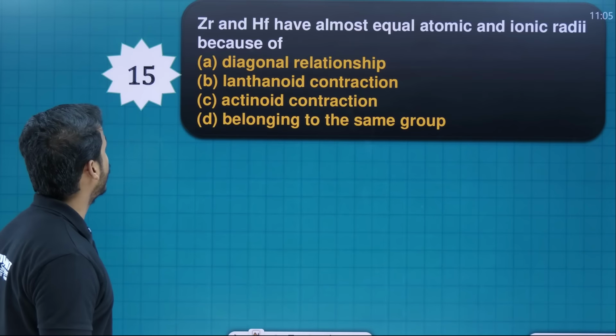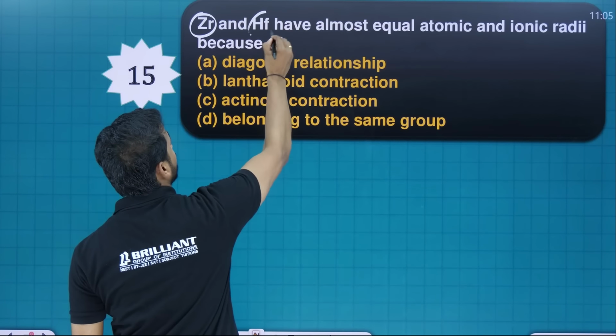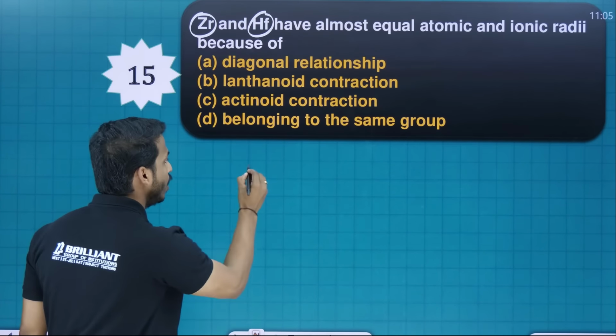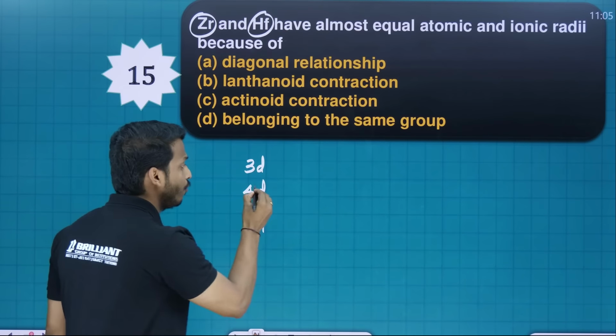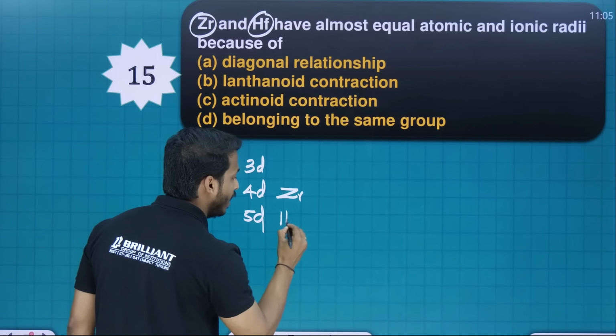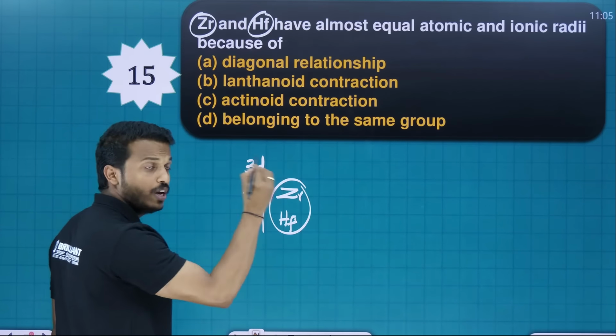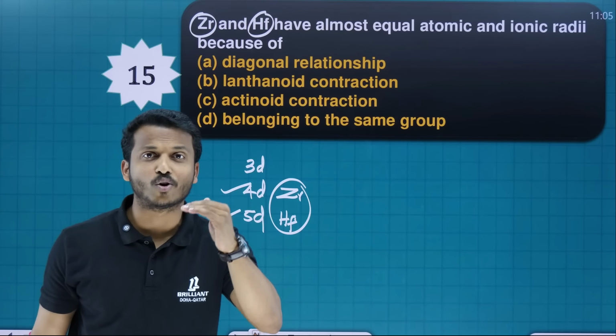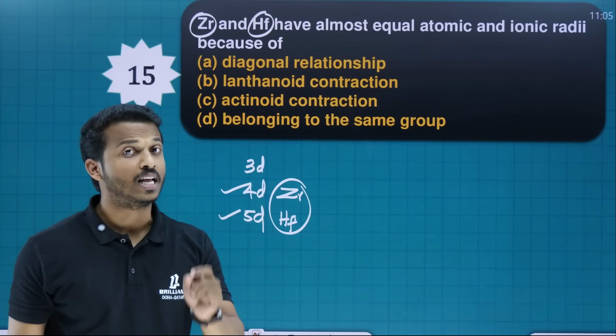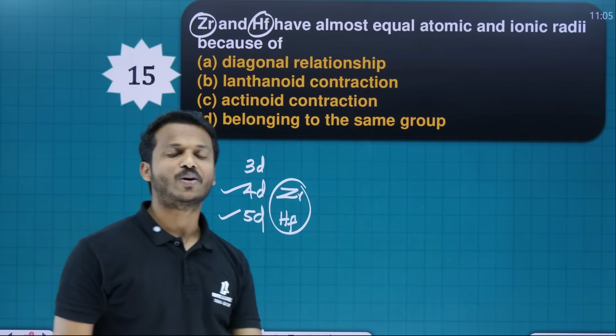Next one. The zirconium and hafnium. Here we studied zirconium and hafnium. We know 3d series, 4d series, 5d series, right? In the 4d series zirconium, in the 5d series hafnium. We know 4d and 5d series elements show almost similar atomic size. That is because of lanthanide contraction.